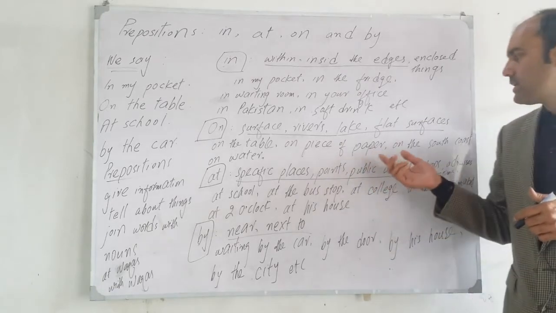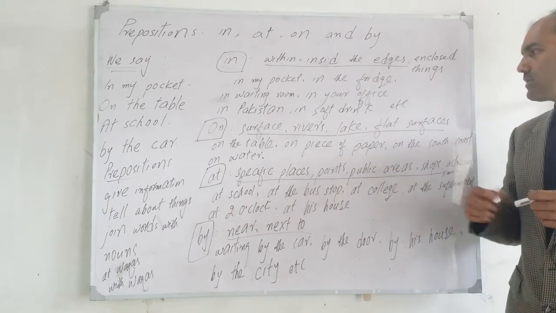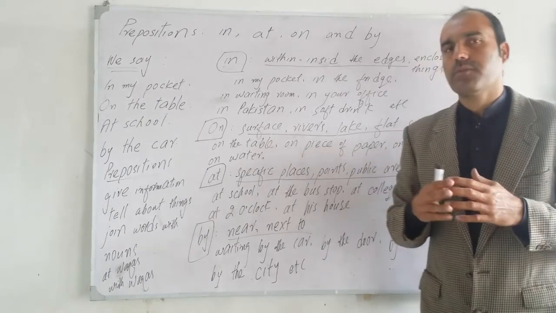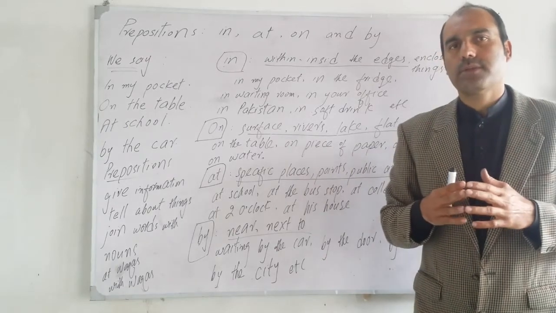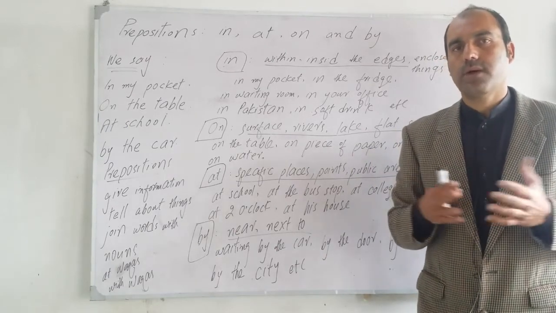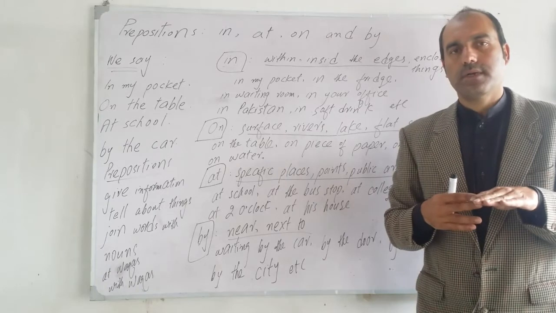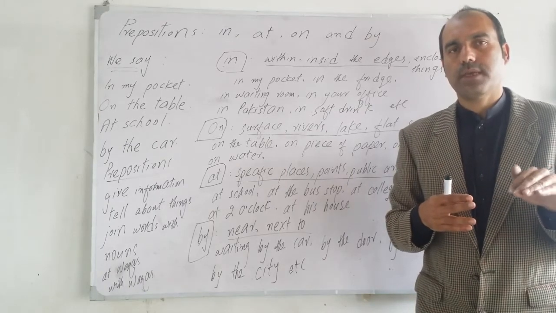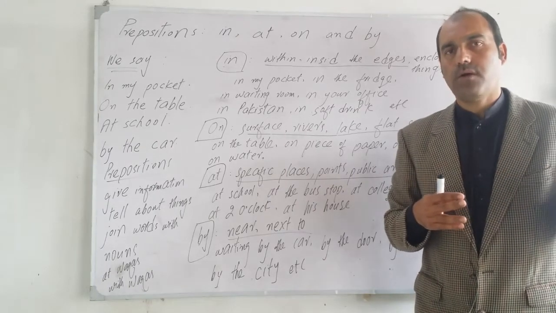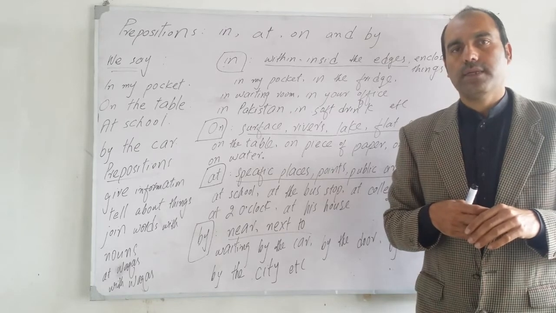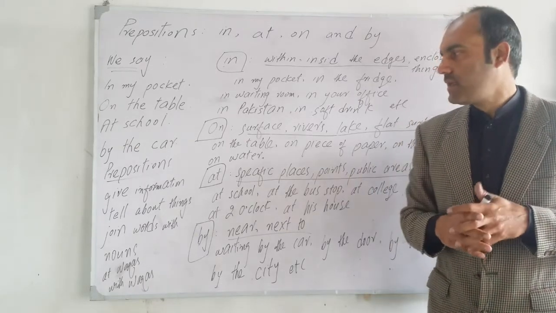So for that you can use on the south coast. On water, for example, what is on the water? The water has a surface, and the thing is above it. Therefore we say on the water.